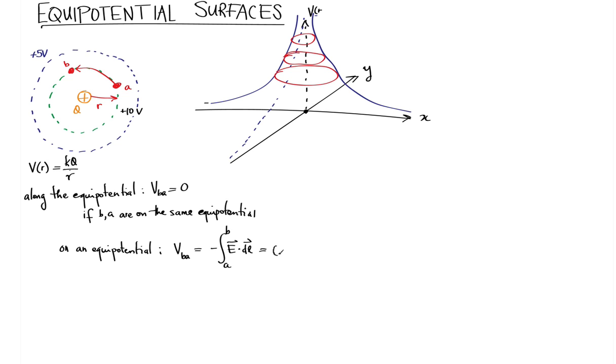And if A and B are in the same equipotential, then that's 0. Right?